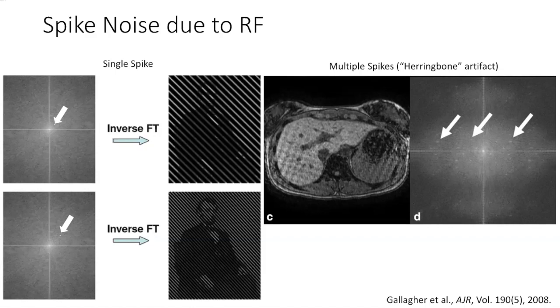And if you have multiple spikes, as you can see with the 3 white arrows on the right with an actual abdominal image, you get this herringbone artifact, which is basically these different patterns combining to get these crosshair-like artifacts.